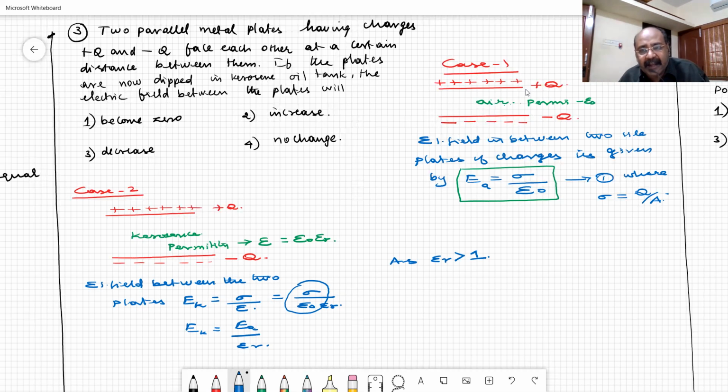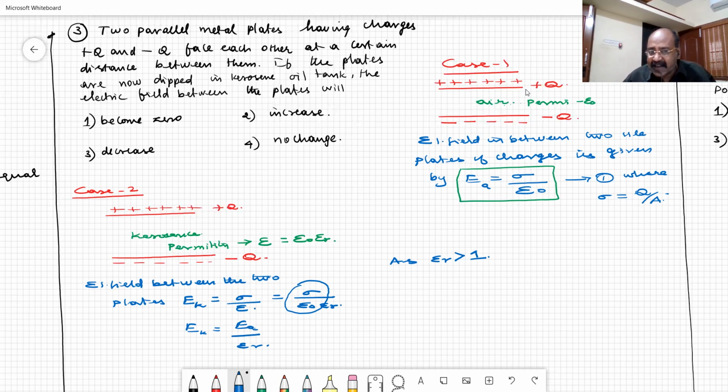For all other dielectric mediums, epsilon r is greater than 1. If you take it as a conducting medium, it will become infinity. In general, if you take some medium other than air, then we say epsilon r is greater than 1.